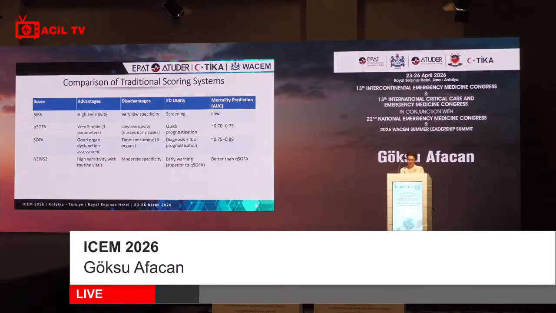NEWS-2, on the other hand, uses routine vital signs and has demonstrated superior performance to qSOFA as an early warning score in many studies. These tools laid the foundation, but their limitations have driven the development of novel systems. We will discuss it later.